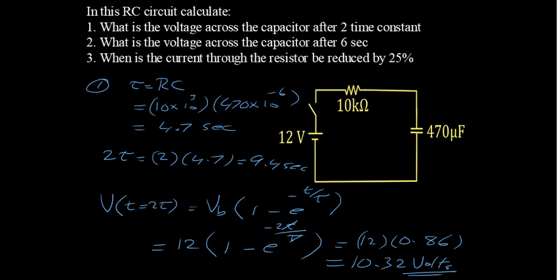At the first time constant, 12 multiplied by 0.63 gives 7.56 volts. So at 6 seconds the voltage should be above 7.5, but below the value at the second time constant, so between 7.5 and 10.32. Let's do the calculation to make things make more sense.